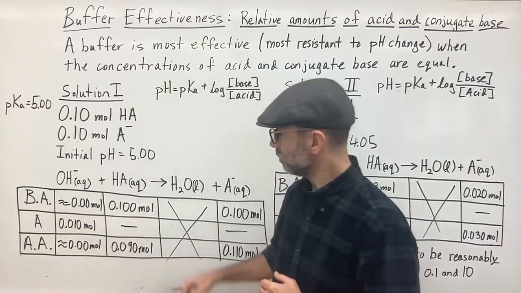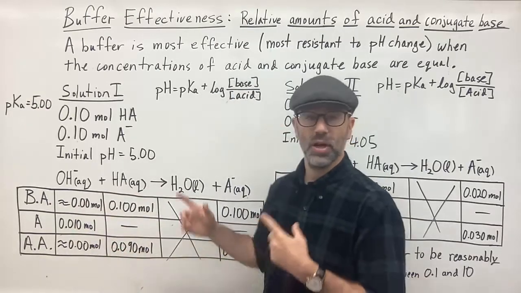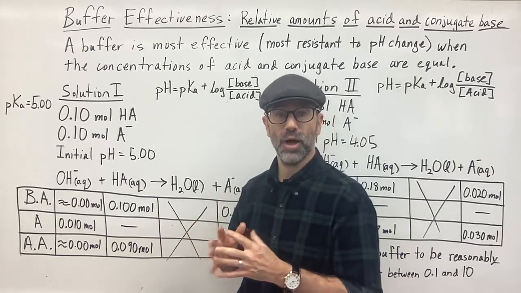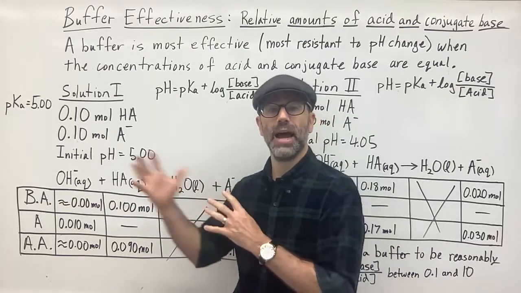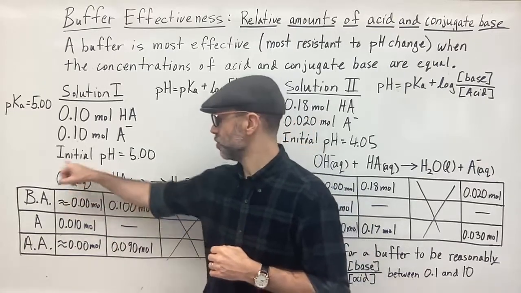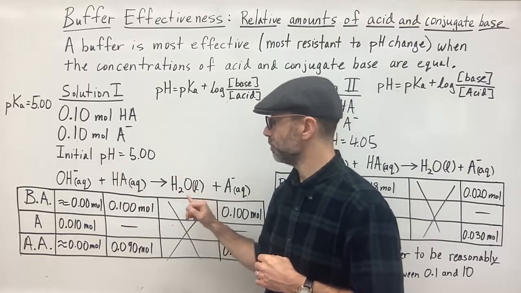So here's my table, and this is the table you need to do, because we need to figure out the stoichiometric reaction. What do we have left over after the reaction of the strong base? Because this strong base is going to react completely with the buffer.